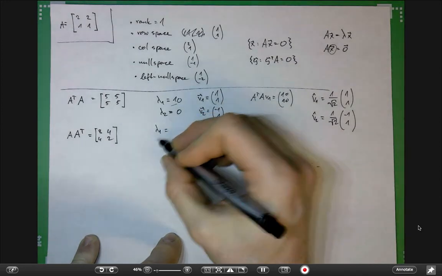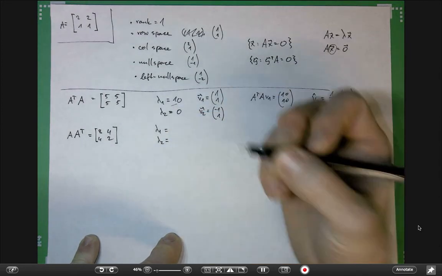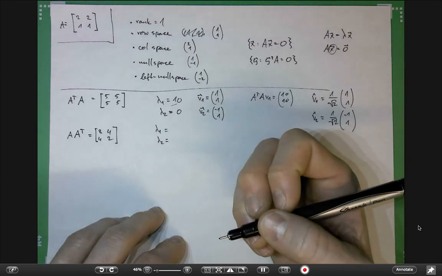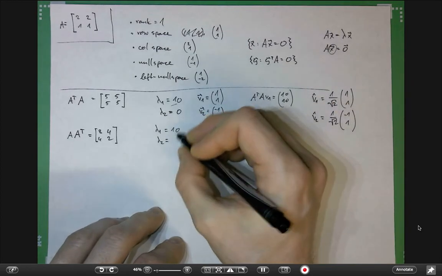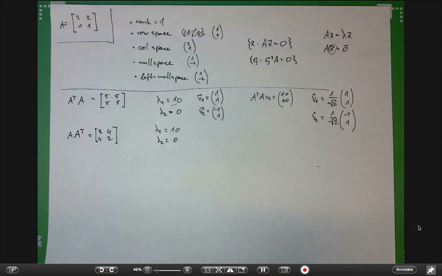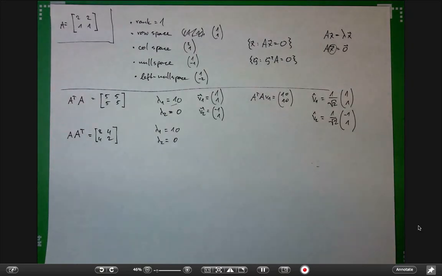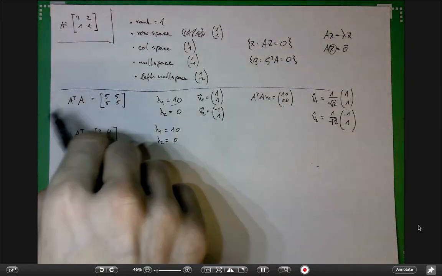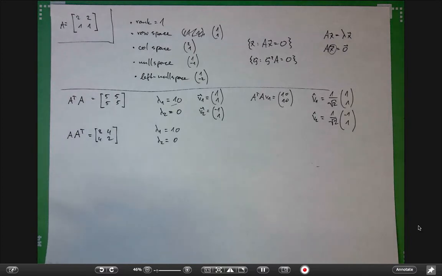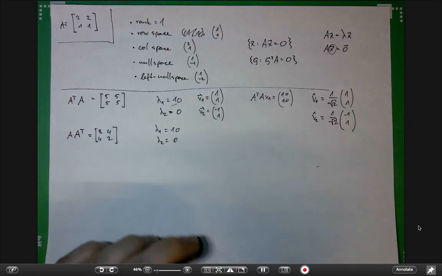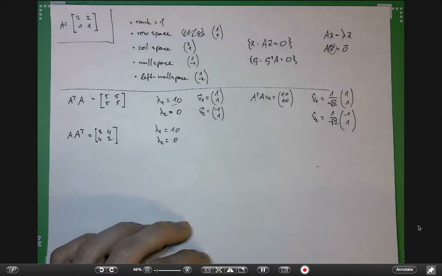What is lambda 1 and lambda 2? It's very simple. It's actually the same thing, because one thing I said the last time is that they have to be the same. The eigenvalues of A^T A and A A^T are, interestingly enough, the same. And there was a reason to it.